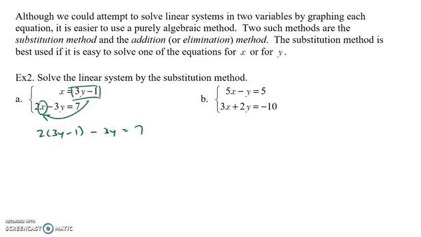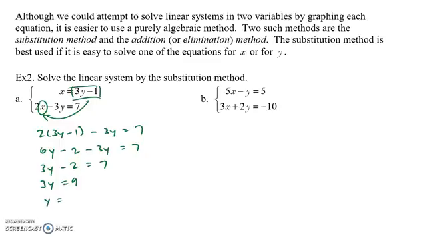If we remove the parentheses by the distributive property, it's 6y minus 2 minus 3y equals 7. 6y minus 3y is 3y, so 3y minus 2 equals 7. Adding 2 to both sides, 3y equals 9.